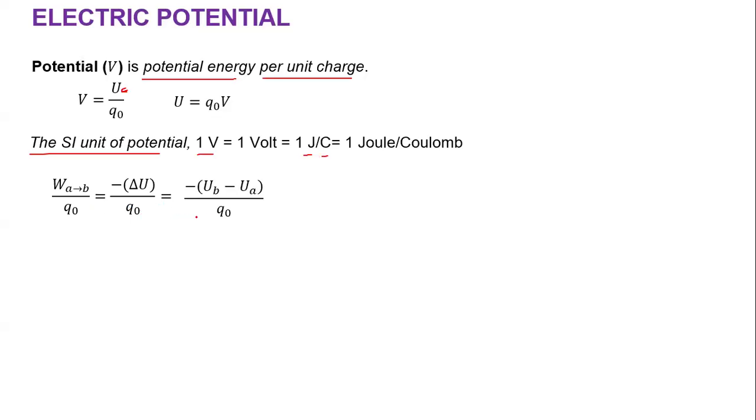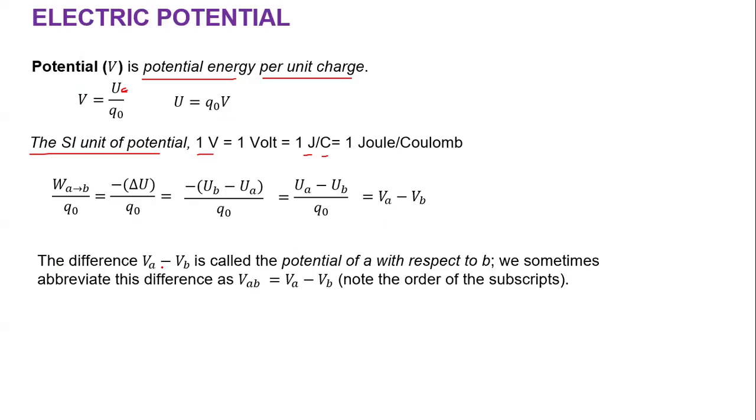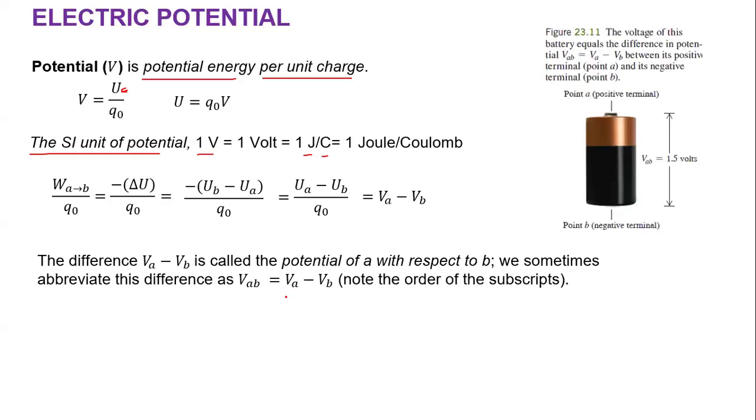If we divide this by Q sub O, this is equal to U sub A minus U sub B over Q sub O, which will be equal to the potential of A minus the potential of B. So the difference VA minus VB is called the potential of A with respect to B. We sometimes abbreviate this difference as VAB, so VAB is equal to VA minus VB.